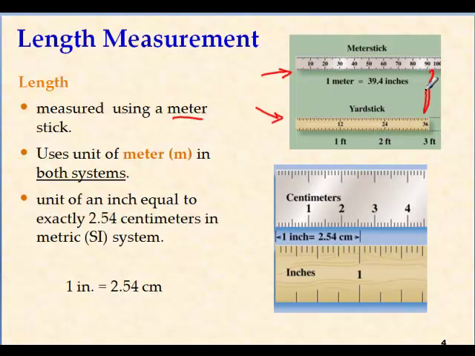The yardstick would probably end here. I'm sorry, I can't come up with a straight line using these virtual pens, but it's slightly larger than 36 inches. To be exactly correct, a meter has 39.4 inches, so it's larger than a yardstick. And here is another image that compares centimeters to inches.